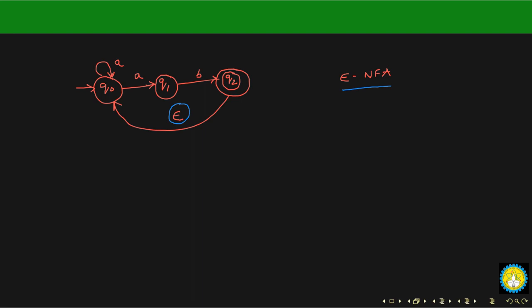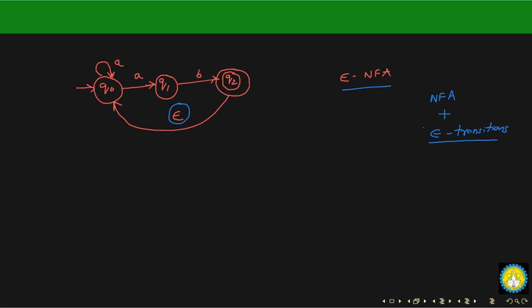An epsilon NFA is nothing but an NFA plus epsilon transitions. All the properties of an NFA are also valid for an epsilon NFA. The additional thing that we have in an epsilon NFA is the epsilon transitions, so this has to be accommodated in our definition.